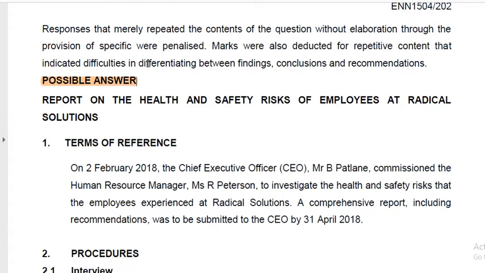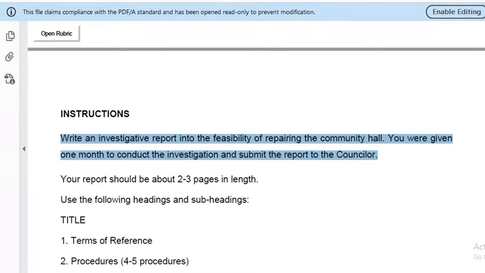So you need to go back to your instructions and ask yourself, what are you writing about? You are supposed to write an investigative report into the feasibility of repairing the community hall.